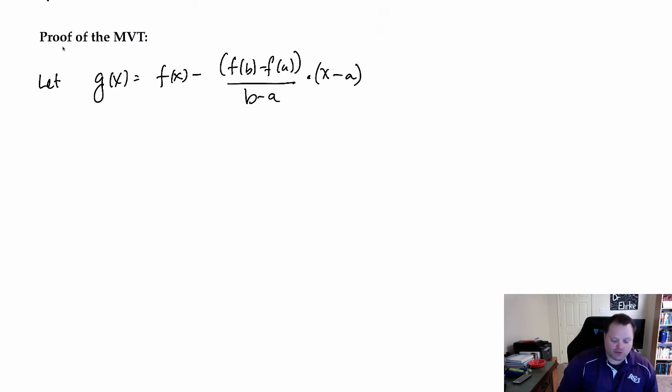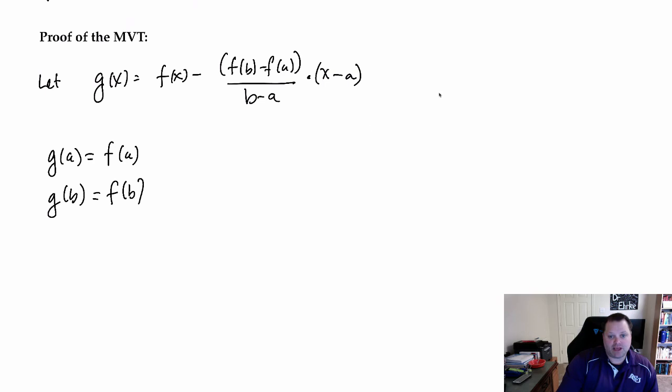One of the things that you notice immediately about this is that g of a is equal to f of a, and g of b is equal to f of b. You can instantly see it if you plug in x equal to a, that is 0, so you get f of a.